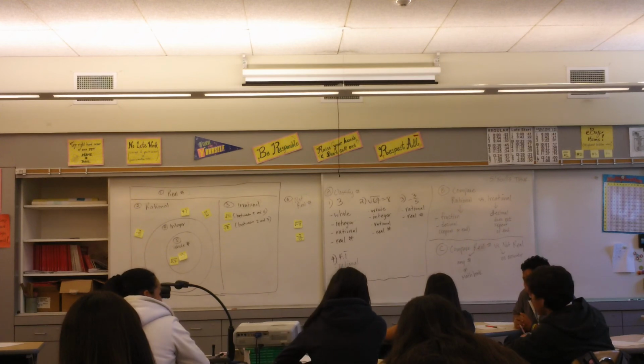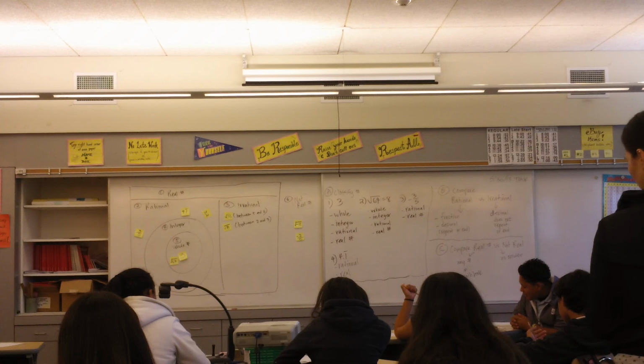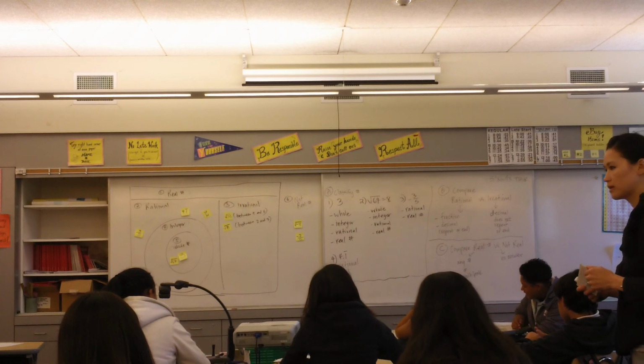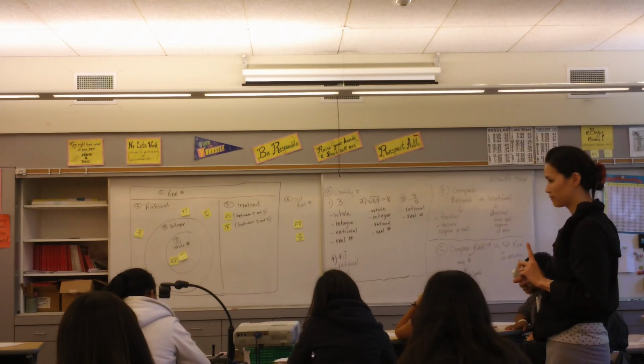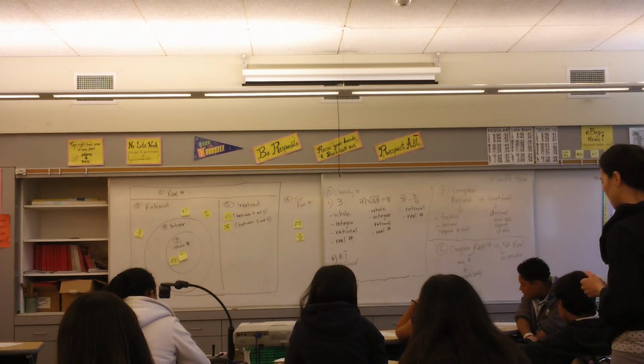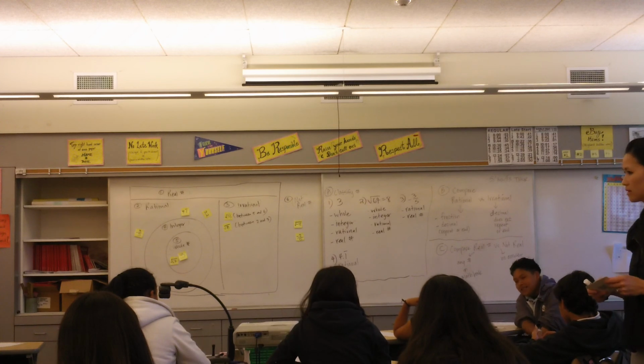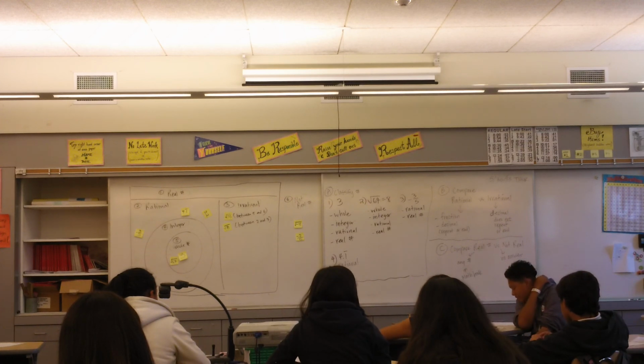Kevin, can you please share what you wrote? I learned in this lesson that rational and irrational are not the same. Say one more time. I learned in this lesson that rational and irrational are not the same. Okay, what else? That 1, 2, 3 are whole numbers.